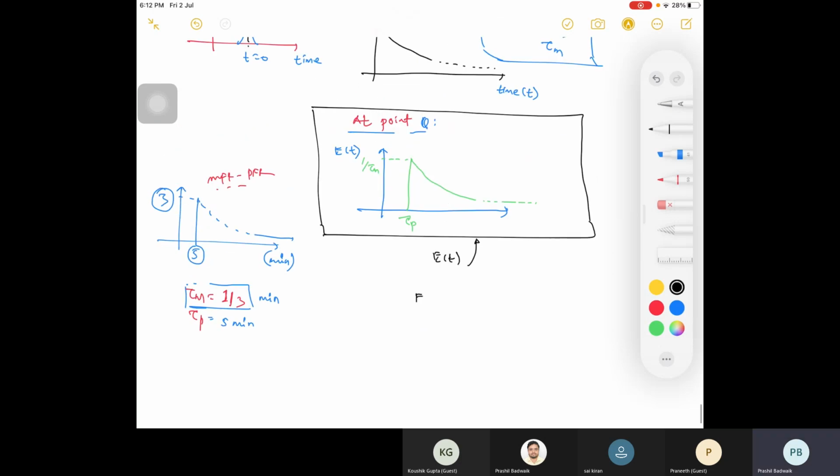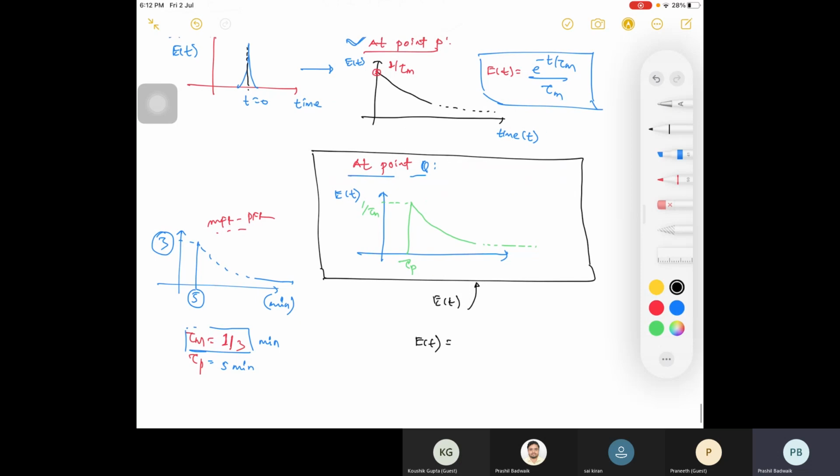Then what is your equation of ET? Can you guess? There is a lag of tau P. So you can represent it in terms of your unit time step function, or this is your pulse injection. That's why I'll write e to the power minus (t minus tau P) divided by tau M, whole divided by tau M. Is it correct?